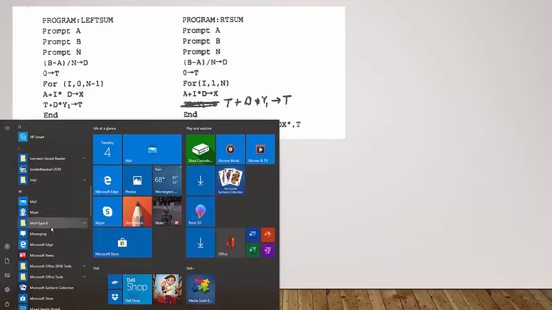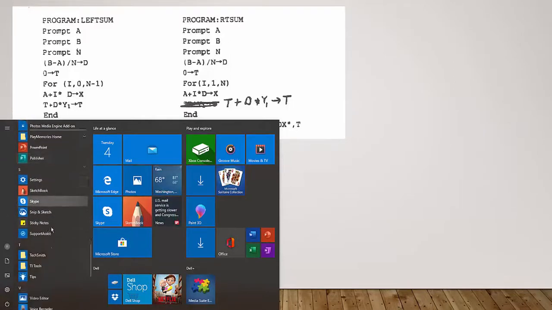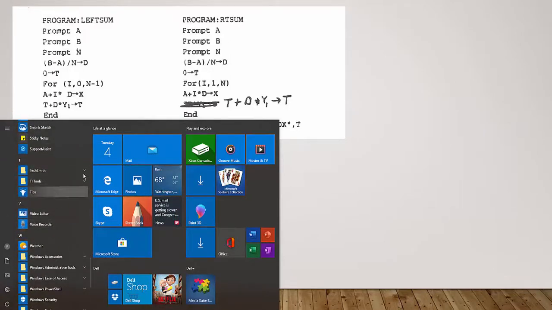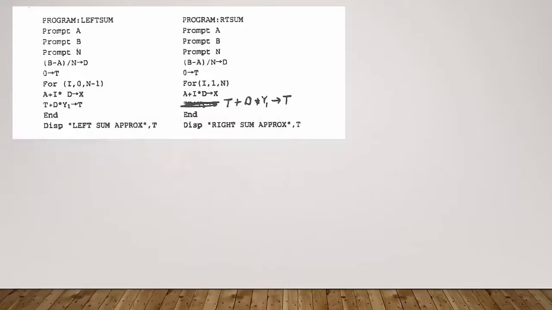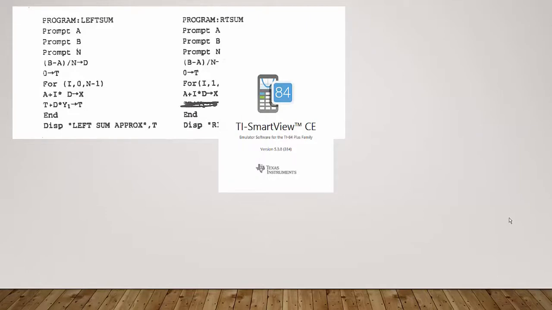Let me call up my calculator here. It's going to take a while for it to load. And I'm going to just walk you through each one of these.